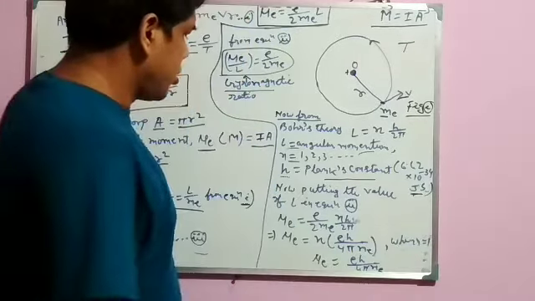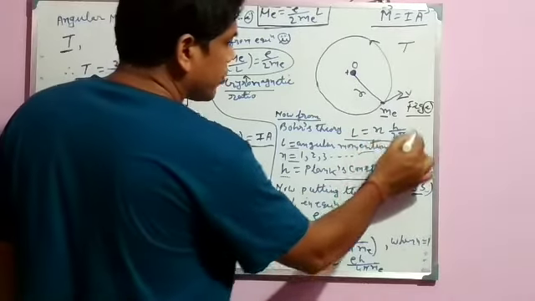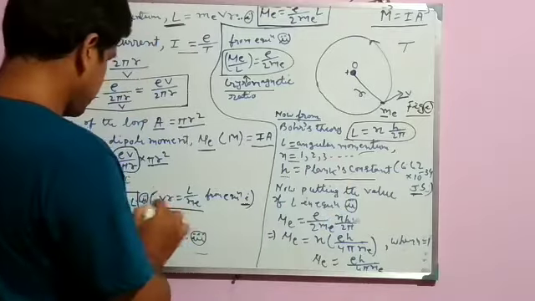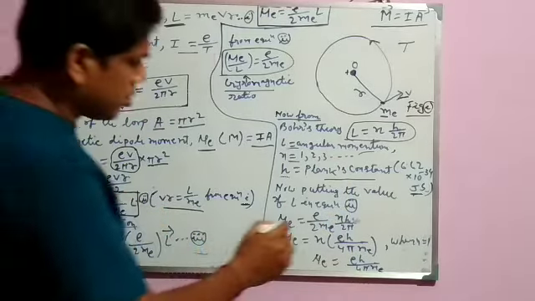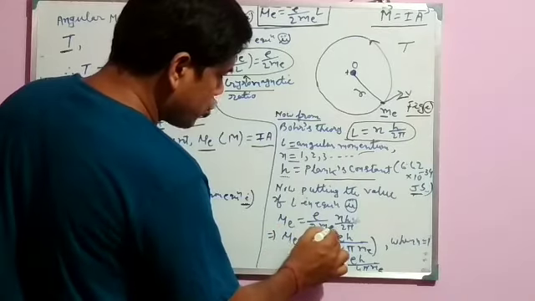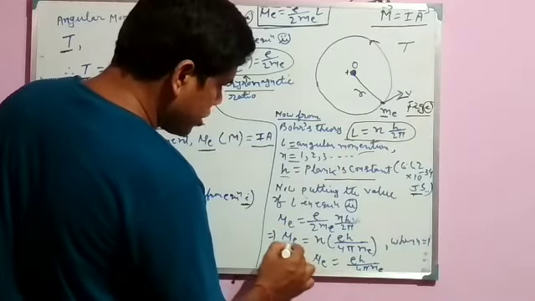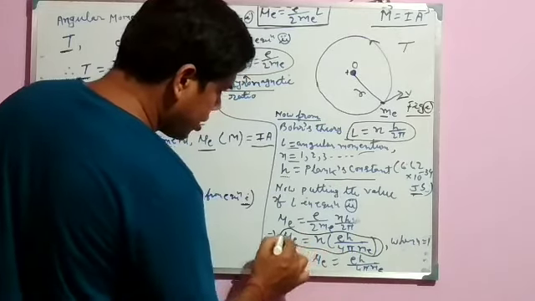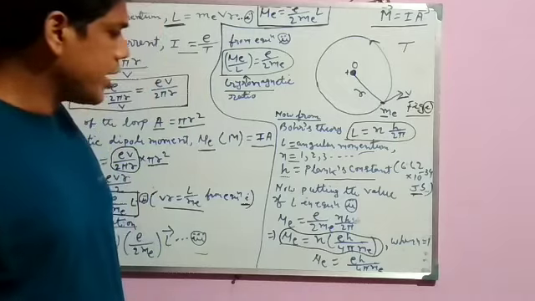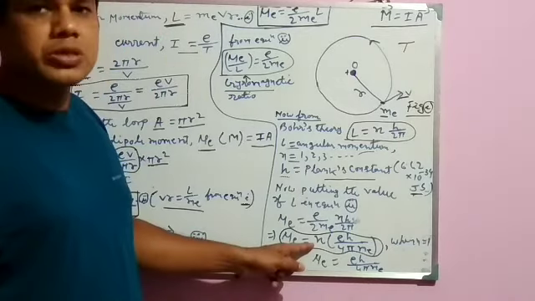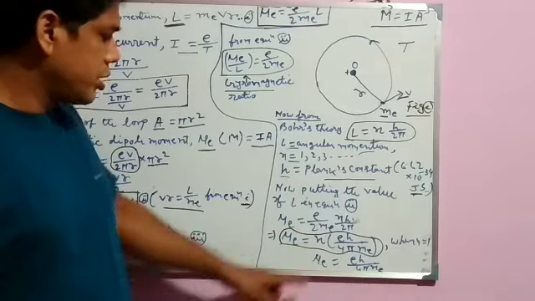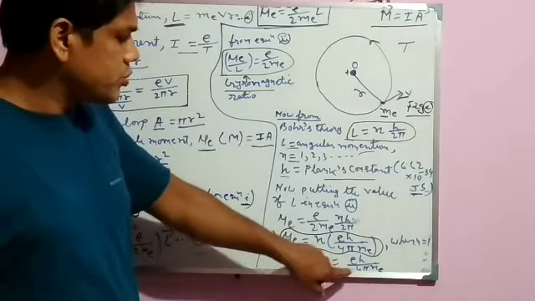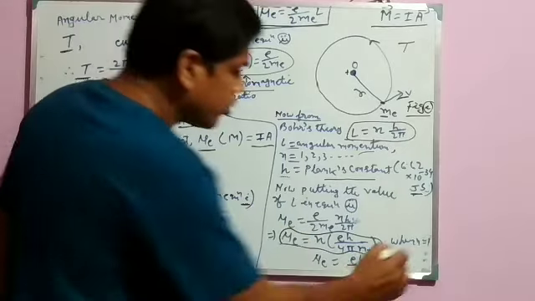Now putting L equal to nh by 2π in equation number 2, in place of L, we have μe equal to e by 2me into nh by 2π. So μe equals n into eh by 4π me. Here n is the principal quantum number. If n equal to 1, then we put 1, so μe equals eh by 4π me when n equal to 1.